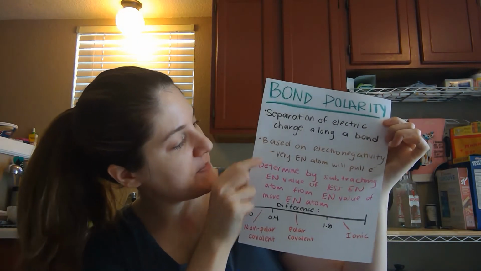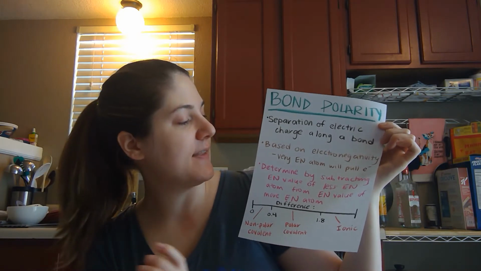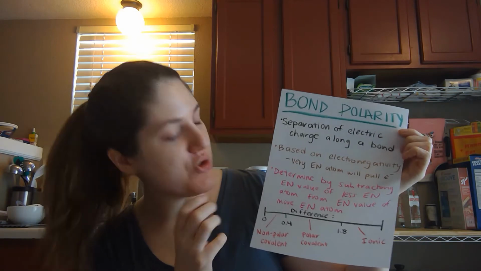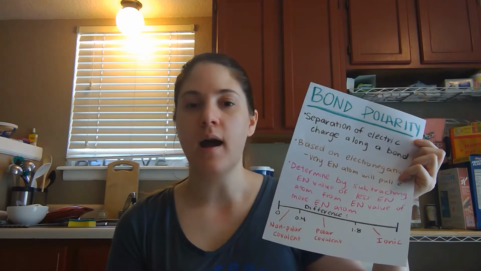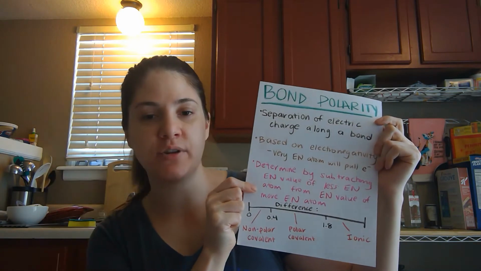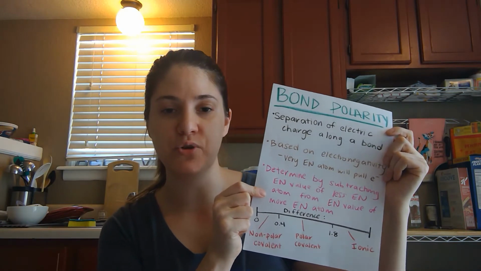So it's based on electronegativity. A very electronegative atom will pull electrons towards it, and you can determine whether or not a bond is polar by comparing the electronegativity values of the two atoms.